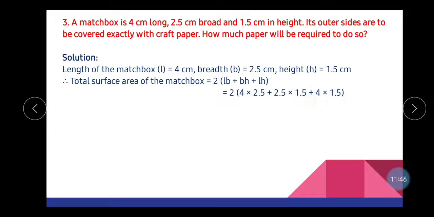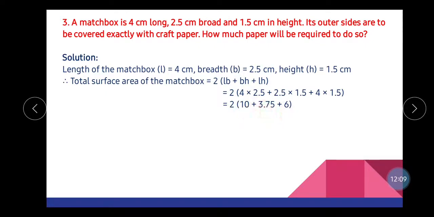Solving the bracket, that means we need to multiply. We get 2 into, first we will multiply 4 into 2.5, we will get 10, plus 2.5 into 1.5, we get 3.75, and 4 into 1.5, we get 6. So we get 2 into (10 plus 3.75 plus 6).